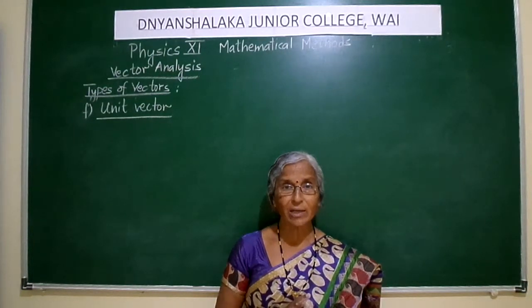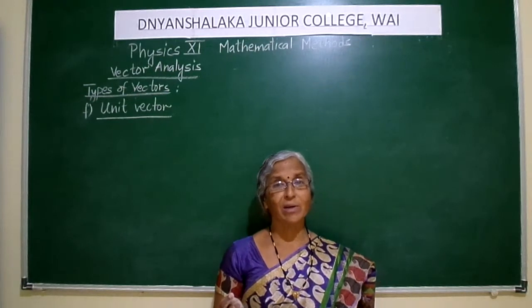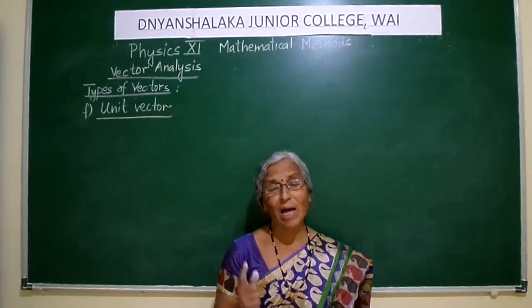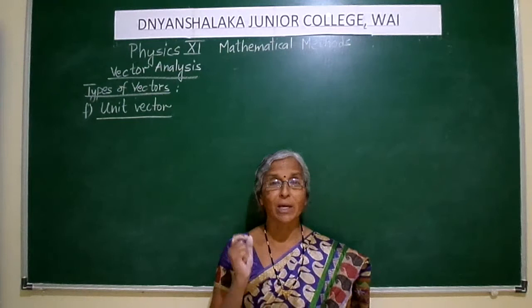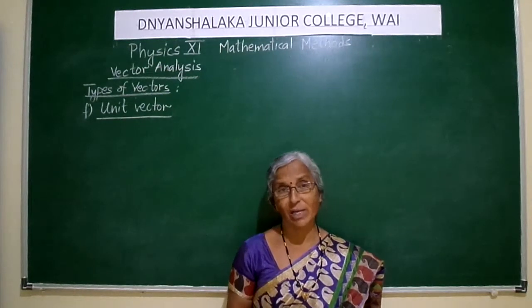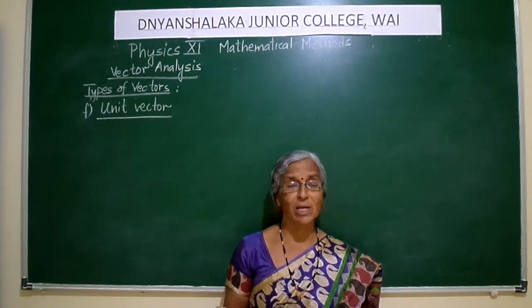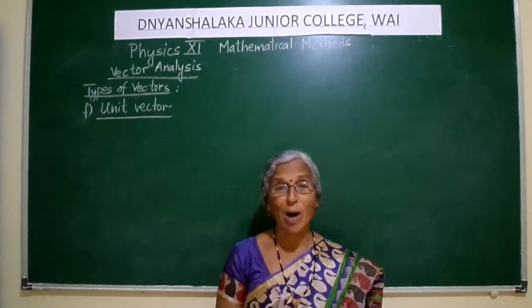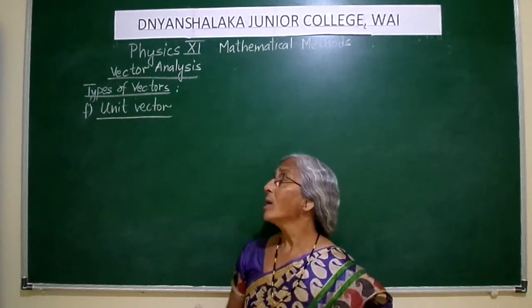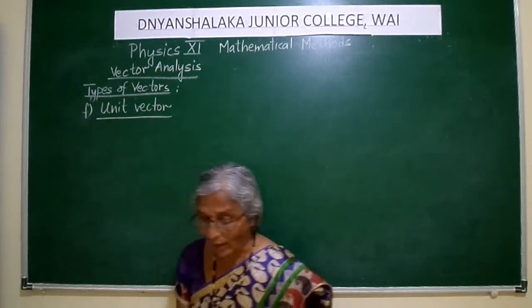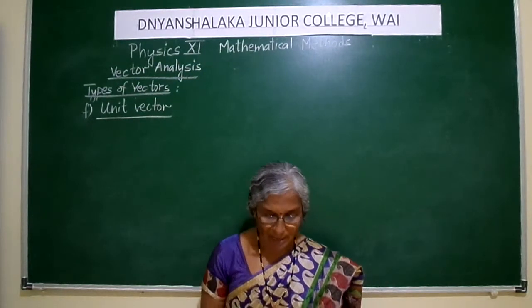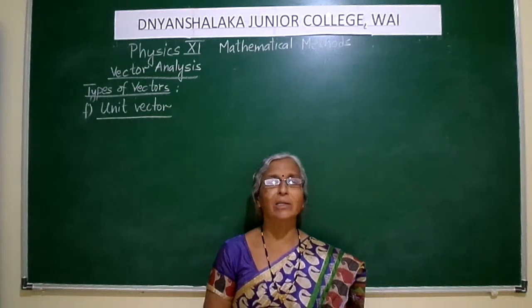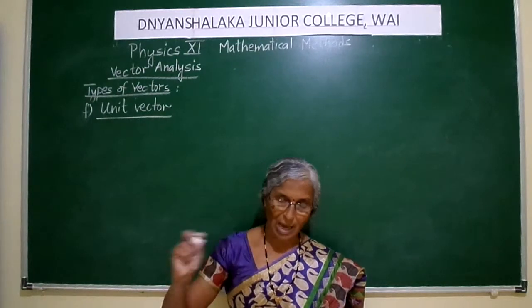Are you getting it? If it is a velocity vector, that means the value of this vector will be 1 centimeter per second, 1 meter per second, 1 kilometer per second, magnitude becomes 1. Okay? So, a unit vector is a vector having unit magnitude in the given direction.